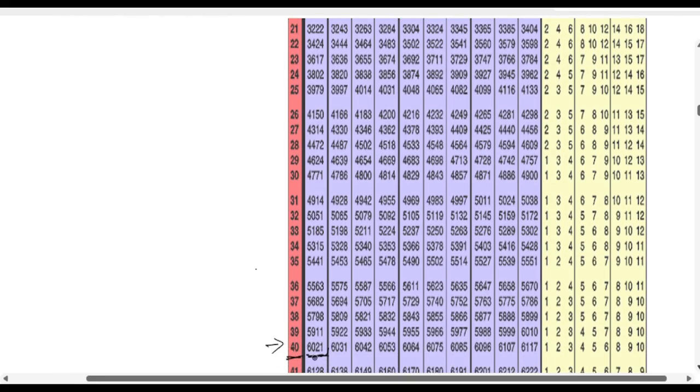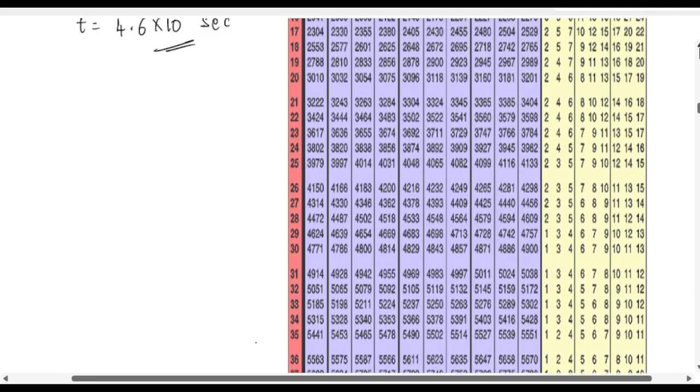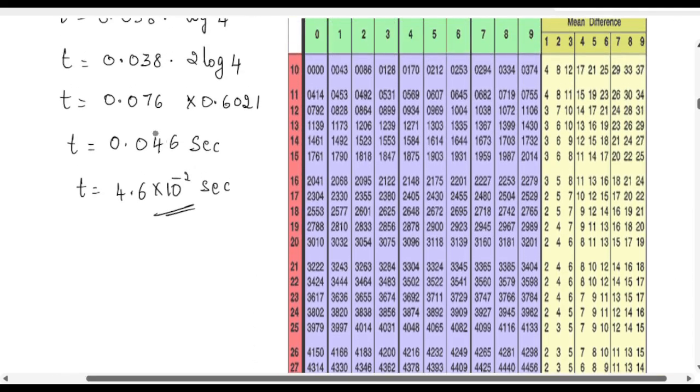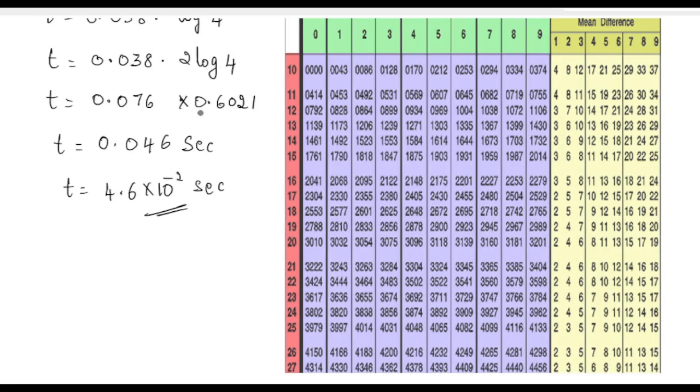Log 40 is 6021, 0th column and 40th row. So it is 6021. So 0.076 into log 4 is 0.6021. So the value of log 4 is 0.6021, and T equal to 4.6 into 10 to the power of minus 2 seconds. This is the answer.